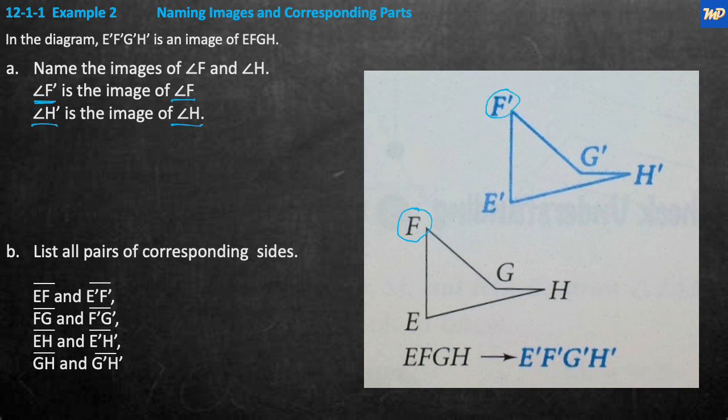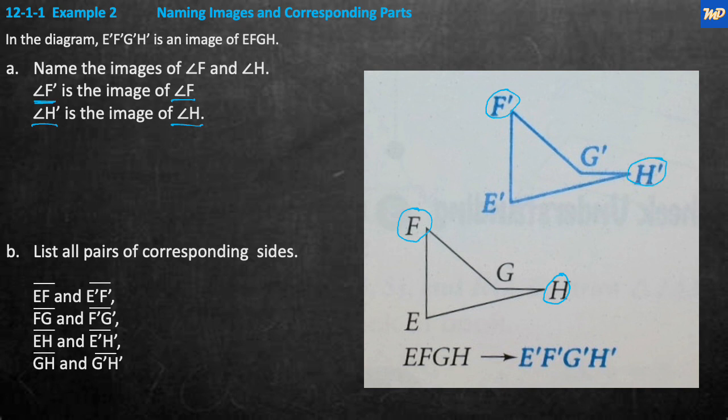This is a slide we've gone on here. There's a slide to these two images, and we have this F prime now. The other one is H. Angle H is over here, and H prime is its image.